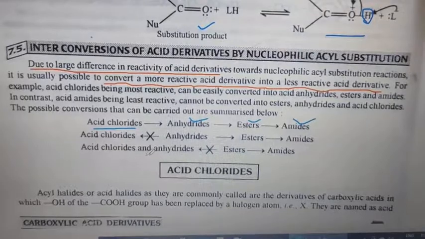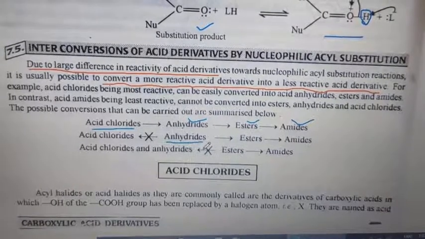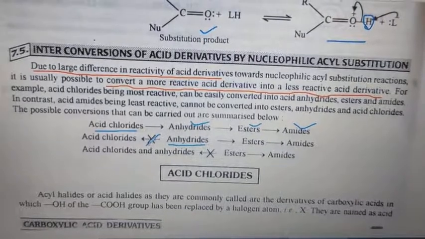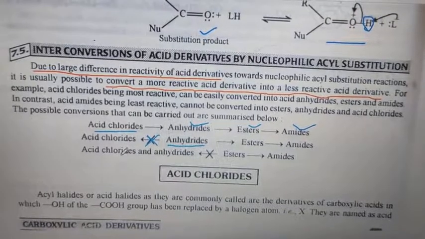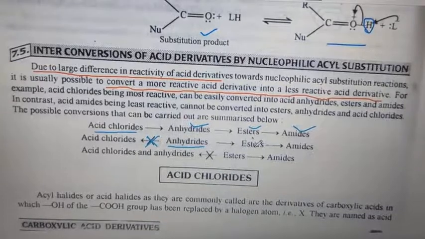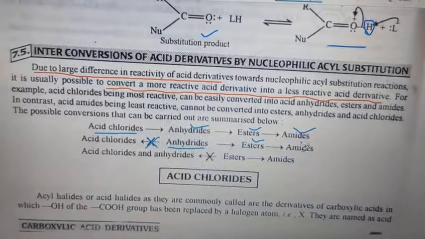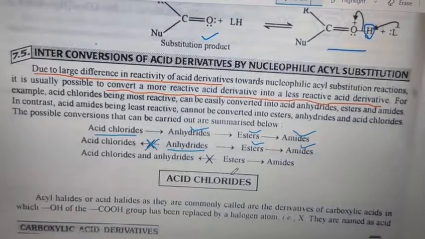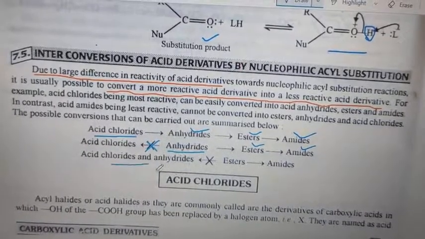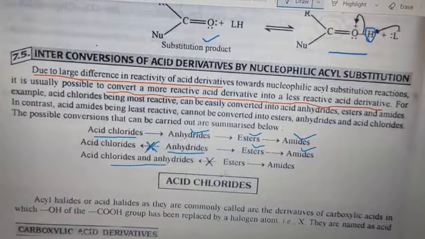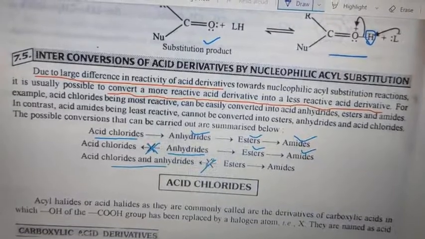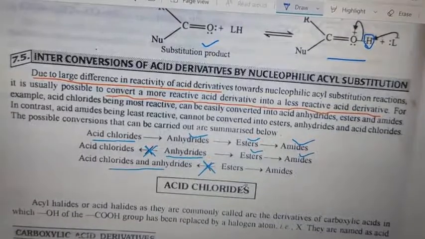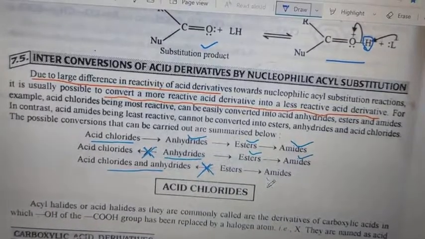But as anhydrides are less reactive than chloride, anhydrides cannot be converted into acid chloride, but they can be converted into esters and amides. Further, esters are less reactive than chlorides and anhydrides, so esters cannot be converted into acid chlorides, and since they are more reactive than amides, they can be converted into acid amides.